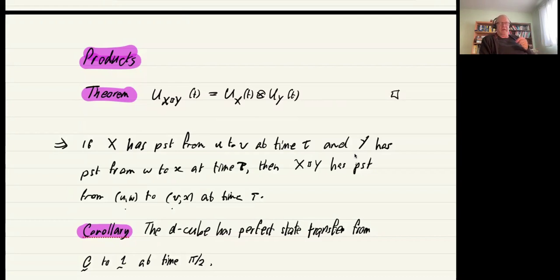And you know, the difficulty of implementation is going to depend in part on the number of edges of your graph. So this is not a useless example by any means. Also, many of our later constructions of other examples of perfect state transfer in some sense come from the cube. Any questions about this?